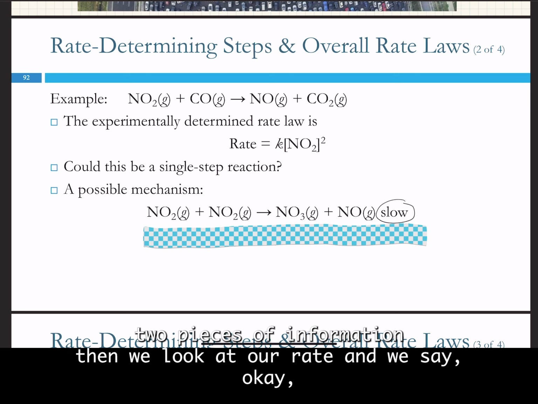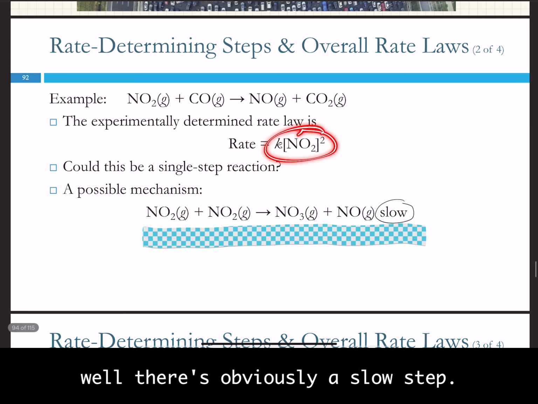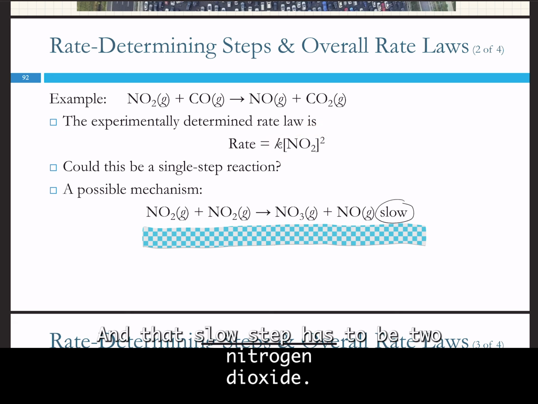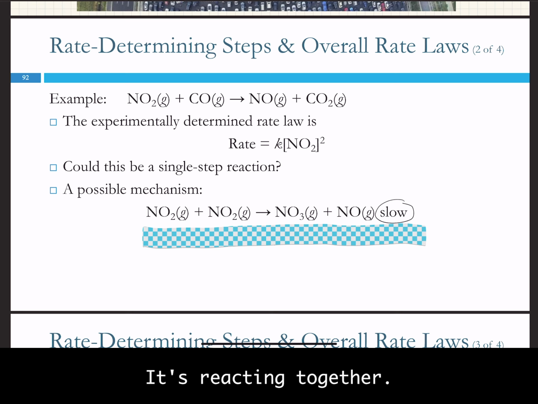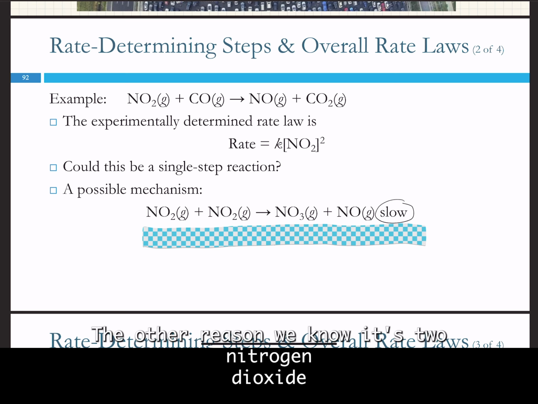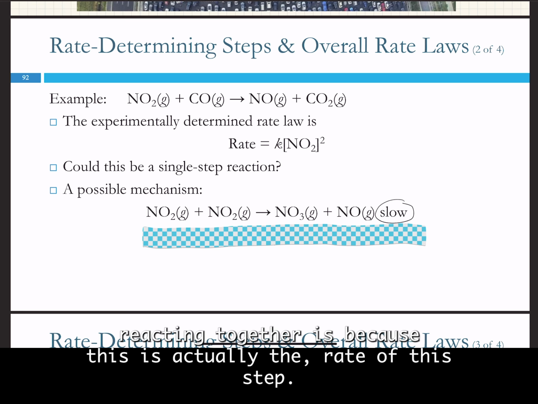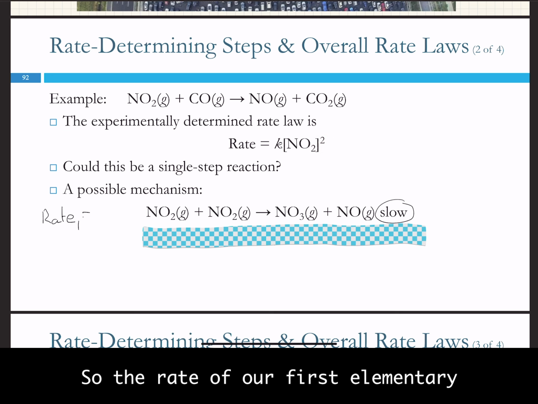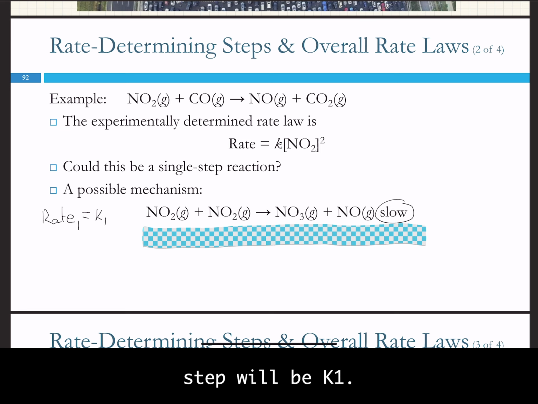With these 2 pieces of information, then, we look at our rate and we say, okay, well, there's obviously a slow step. And that slow step has to be 2 nitrogen dioxides reacting together. The other reason we know it's 2 nitrogen dioxides reacting together is because this is actually the rate of this step. So the rate of our first elementary step will be K1.